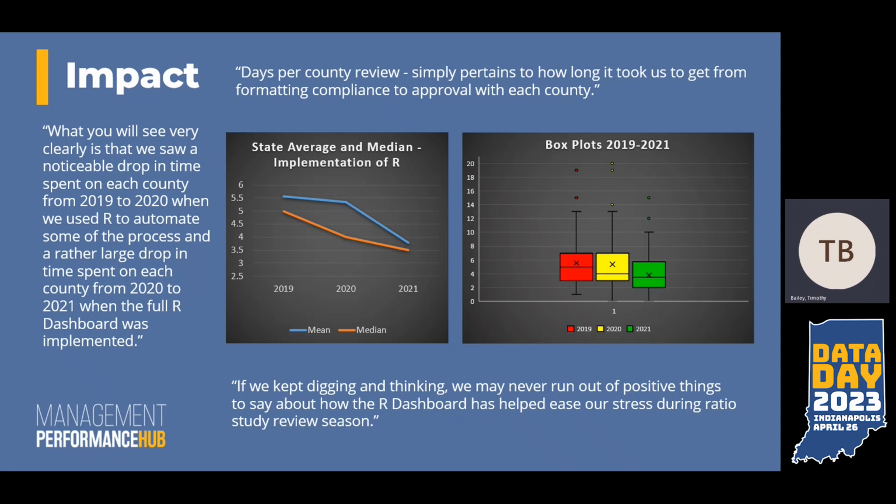So you can see the steady change from 2019 to 2020, switching from SPSS to R, and then a more significant drop in all measures of time to completion in terms of days in 2021. So they had some great things to say, and it essentially sped up their process and helped with the headaches of the manual work that they were previously doing.